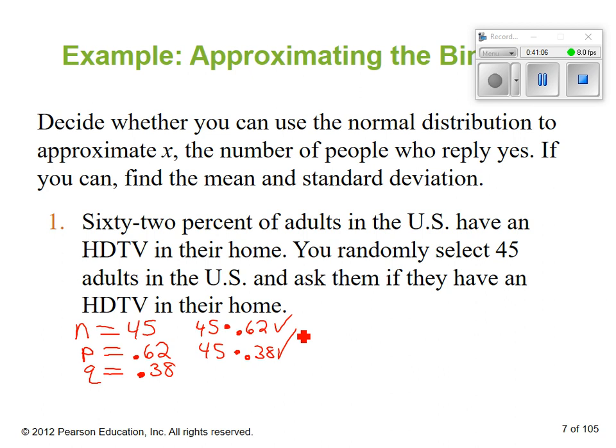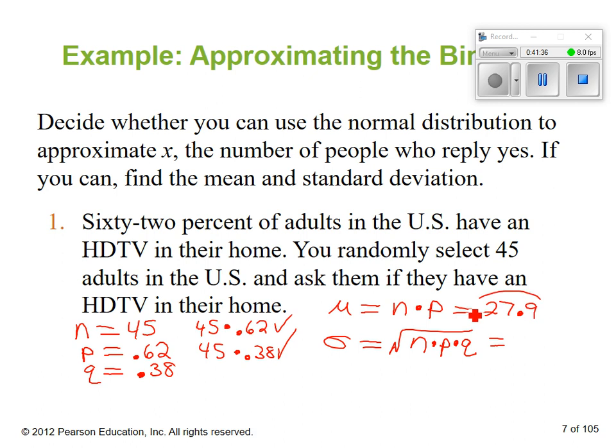Yeah. And what we're saying by using the binomial setup is that we can find the mean just by doing n times p. We can find the standard deviation by doing the square root of n times p times q. Well, we already did n times p on the calculator. What was n times p? 27.9.